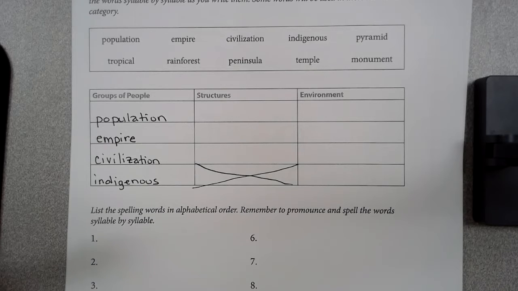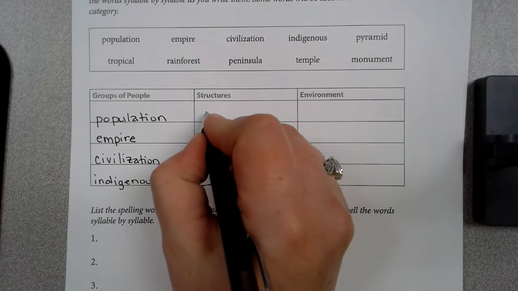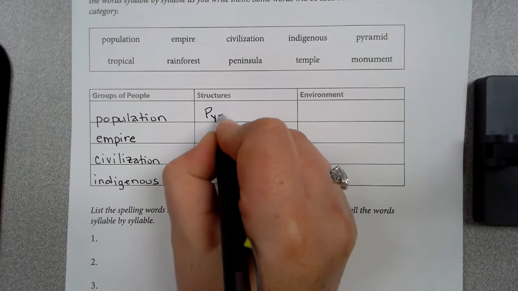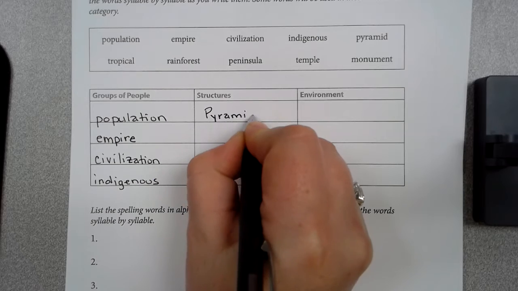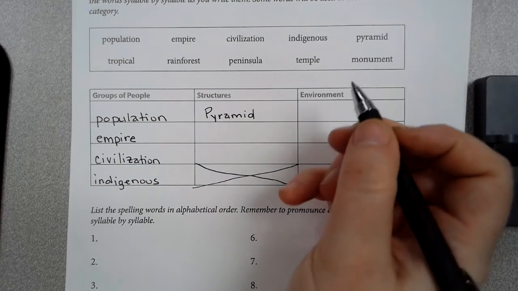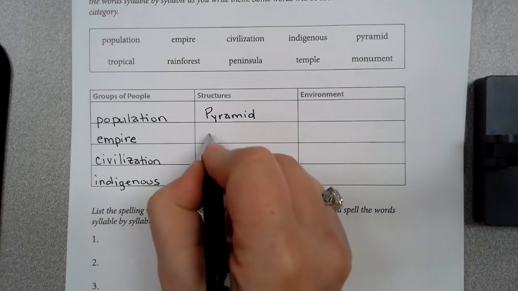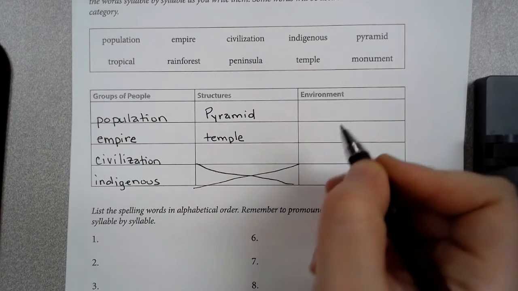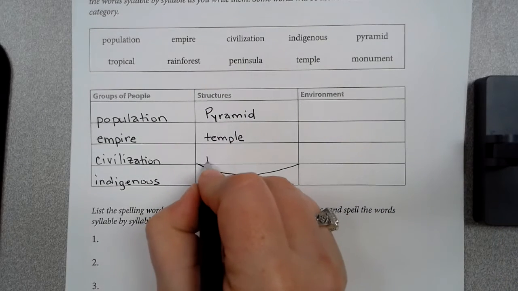Civilization. Pyramid. I skipped pyramid. A large structure. So pyramid. That's one structure. Temple, because you build a temple. And then lastly, monument.